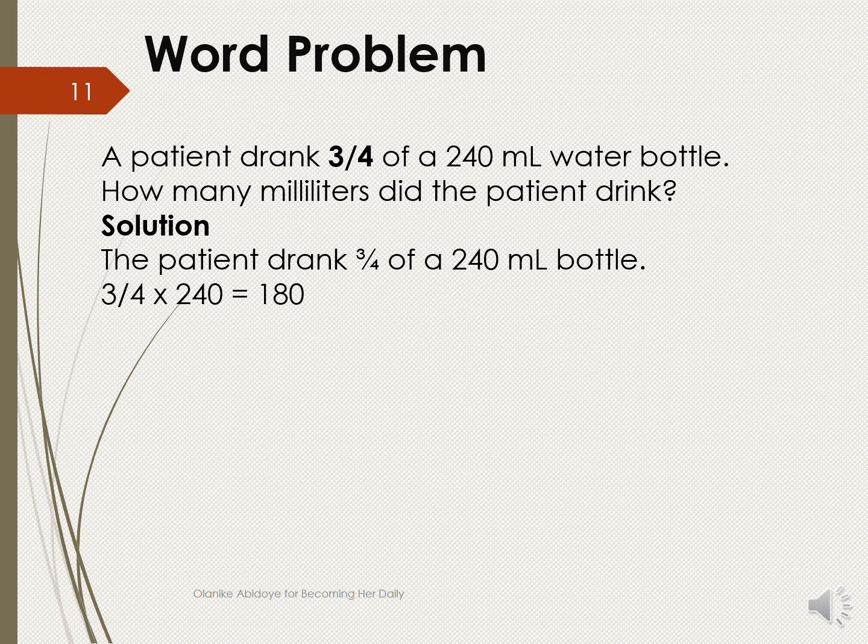We can just say how many 4s in 240, get the answer and multiply by 3 to have 180. So that means the patient has taken 180 milliliters of the water.